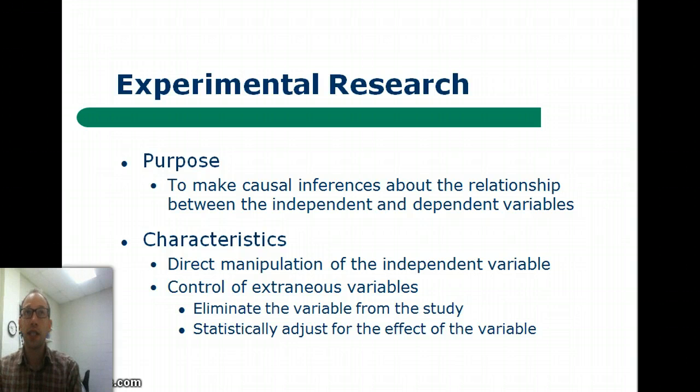One of the distinguishing characteristics of an experiment is we have the power to manipulate the independent variable. So, for example, when we talk about some of the correlational research, an independent variable could be gender. Now, in an experiment, we can't randomly assign someone to a gender unless we're doing some kind of test tube baby creation experiment.